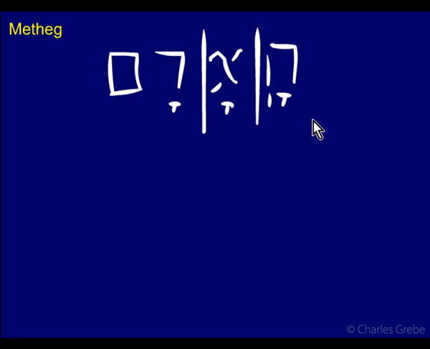In fact, metheg means bridle, so it's like you're slowing down your horse when you hit that syllable. The metheg will never show up on the tonic syllable. It will always be somewhere before it, typically the propretonic, so two syllables previous to the tonic syllable.